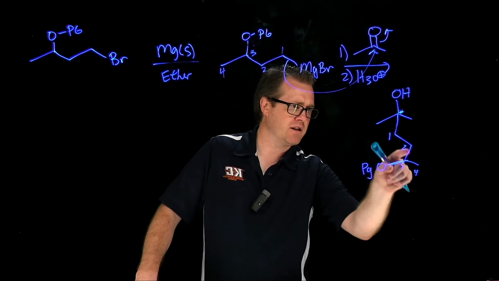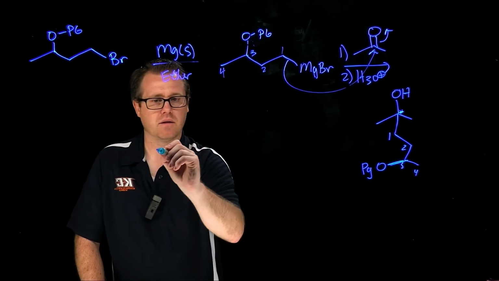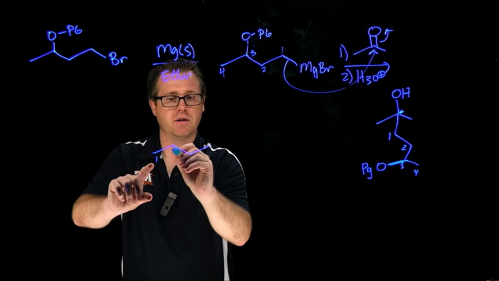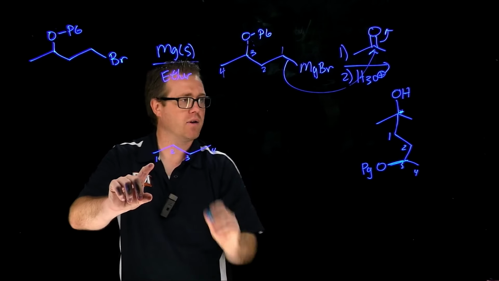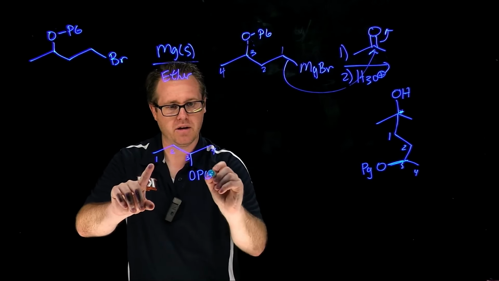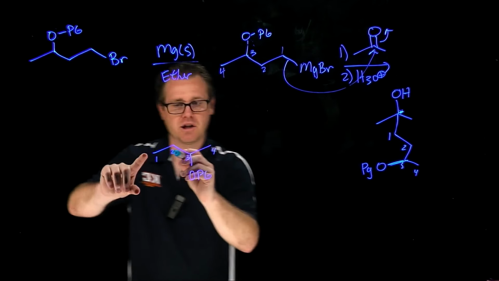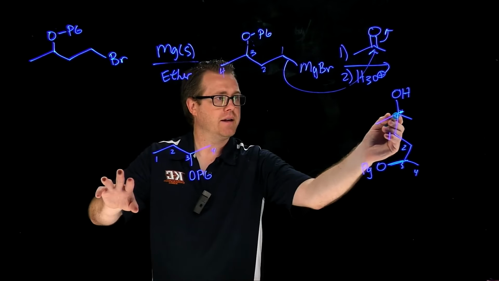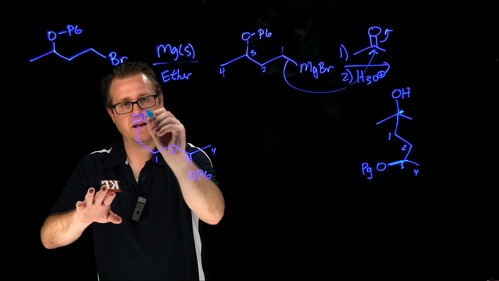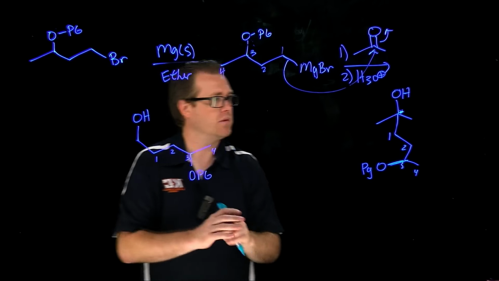Let's just use this as our numbering scheme: carbon 1, carbon 2, carbon 3, carbon 4. What's attached to carbon 3? The OPG. And then attached to carbon 1 is that carbon, which is attached to an alcohol.